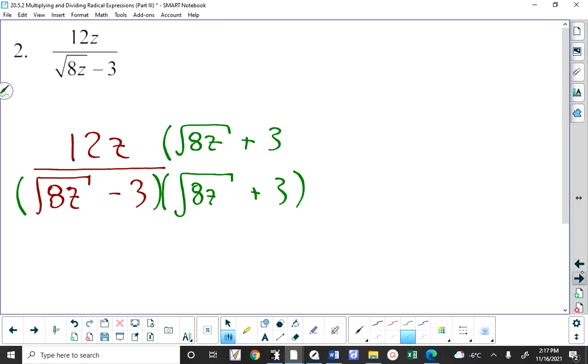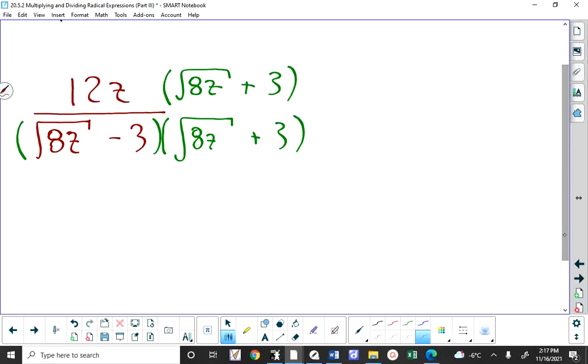And I don't want to be wasting a bunch of time doing something that really is going to make my life more complicated on the bottom, because on the bottom all I have to do is take root 8z times root 8z, which is 8z, minus 3 times 3, which is 9.